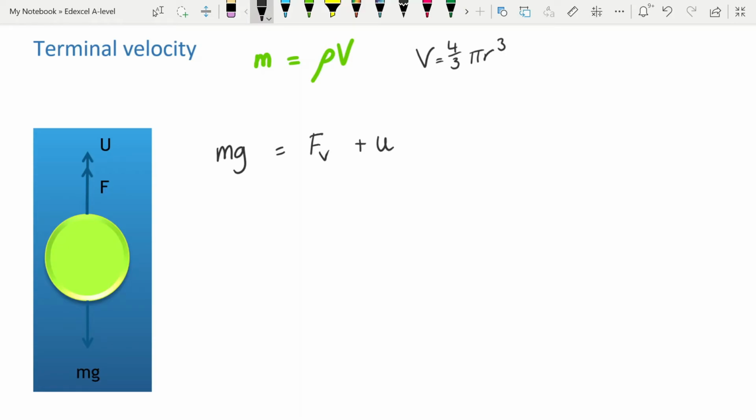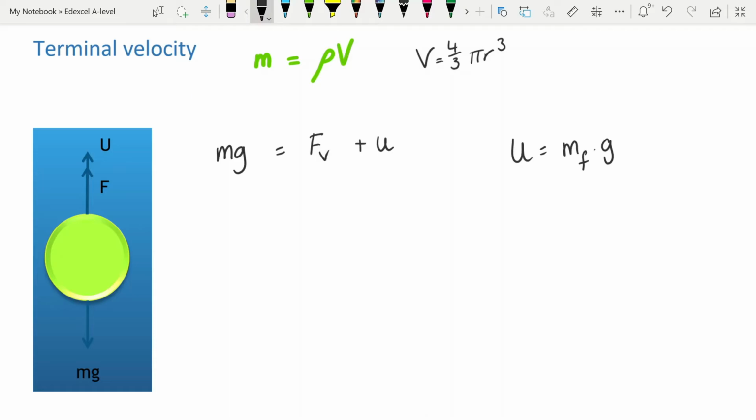Now let's remember what upthrust is. Upthrust is the weight of the displaced fluid. So that means that upthrust is equal to the mass of the fluid. And again, I'm going to be using subscripts through here, F for fluid and O for the object in there. So upthrust is the mass of the fluid times g.